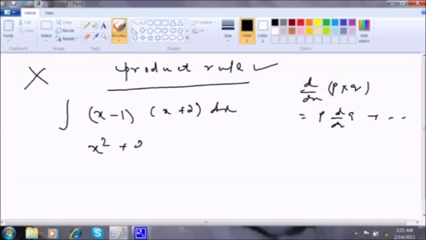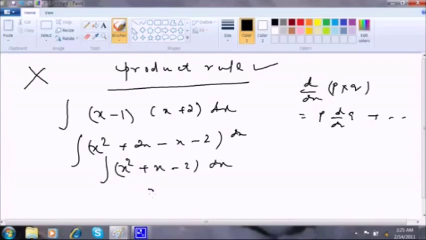This is x squared plus 2x minus x minus 2 dx. So this is x squared plus x minus 2 dx, and this is integration of x squared plus integration of x minus integration of 2 dx.